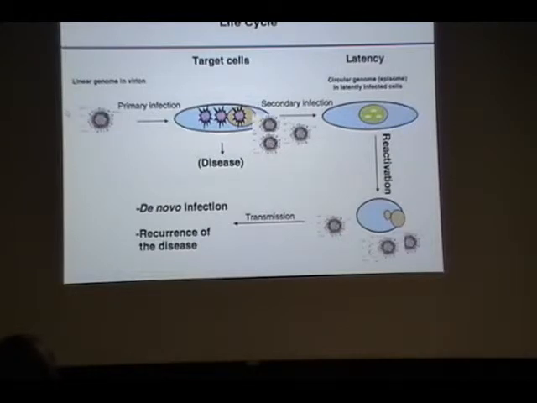Once the virus infects you at the mucosa, for example, when you first get infected, the virus will replicate and make new virus, and the newly generated virus will infect other cells. Eventually, as long as you are immune competent, your immune system will clear this virus, so you will become virus free.